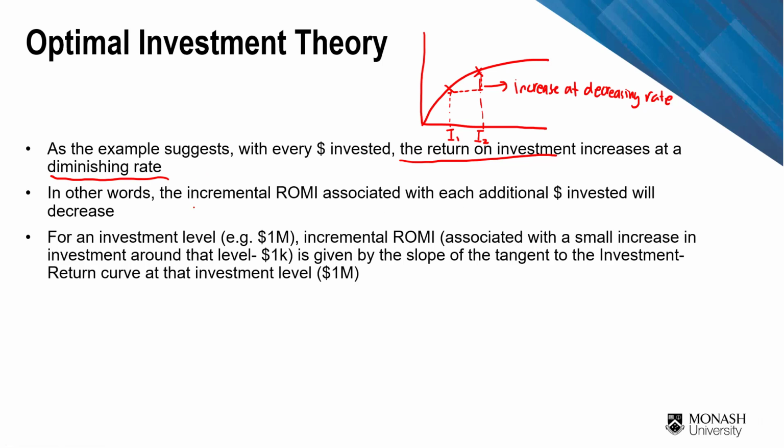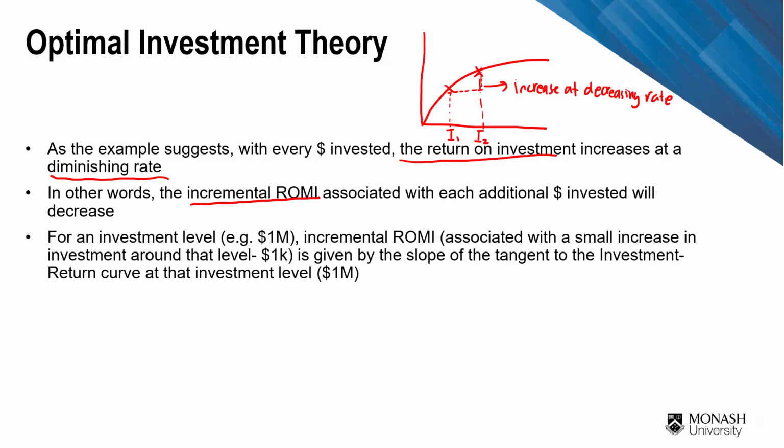So in other words, the incremental ROMI is associated with each additional dollar invested. Now for an investment level, say it is $1 million, the incremental ROMI is given by the slope of the tangent. Now you might be wondering, what is a tangent?